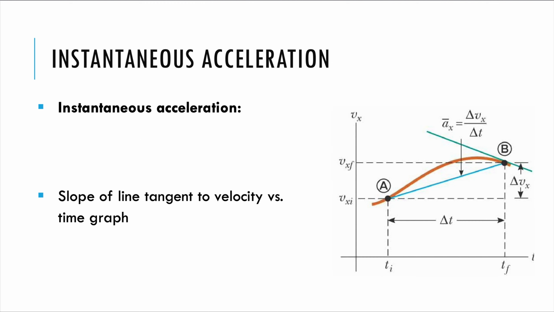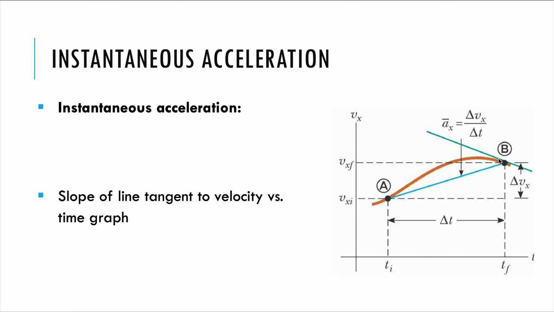The last thing we want to look at for this video is instantaneous acceleration. Just like we looked at instantaneous velocity, which was the slope of a line tangent to a position time graph, the acceleration is the slope of the line tangent to the velocity time graph. So in this picture here, we know that the slope of this line from A to B gives us the average acceleration.